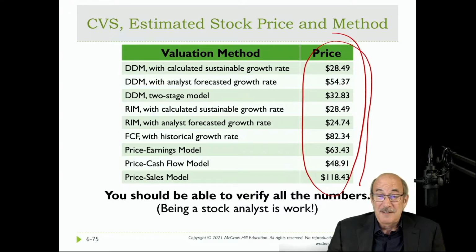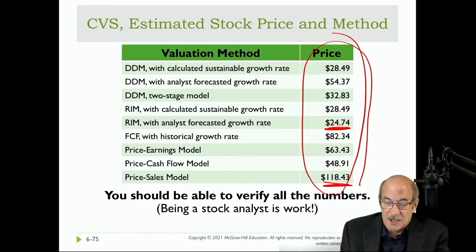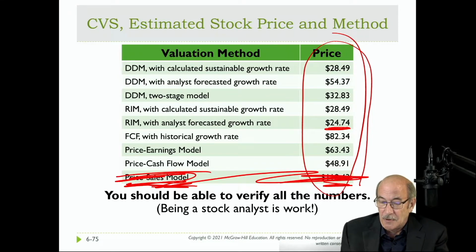So remember, $66 was the market price. And we're getting everything from the mid 20s on up to 118. It's kind of convenient that the 118 came out of the price to sales model, because we know that's inconsistent. I would just ignore that one.